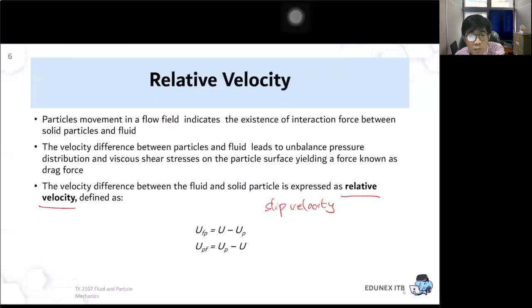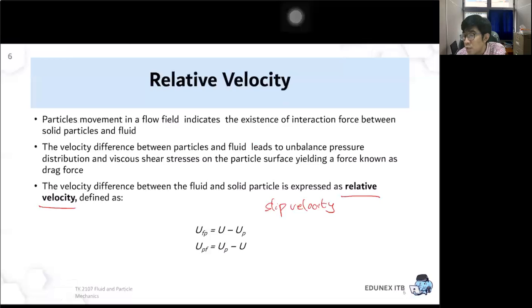Because of the size, the density, the weight, and the friction. You can imagine that the particles can collide, can have friction with the wall, can have friction with the fluid. So there will be some unbalanced pressure or force distribution, and then it will have a different velocity from the fluid.